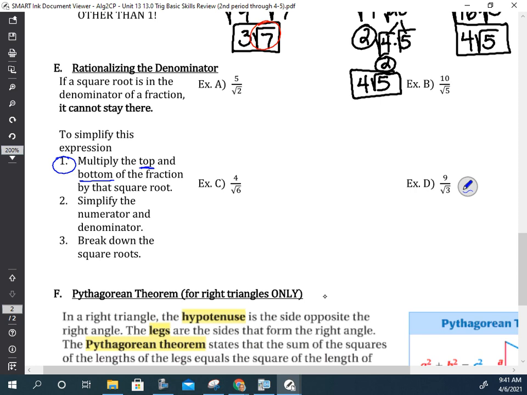So for example A, you have 5 divided by the square root of 2. That square root of 2 can't stay there. So you're going to multiply the top of the fraction and the bottom of the fraction by the square root of 2.